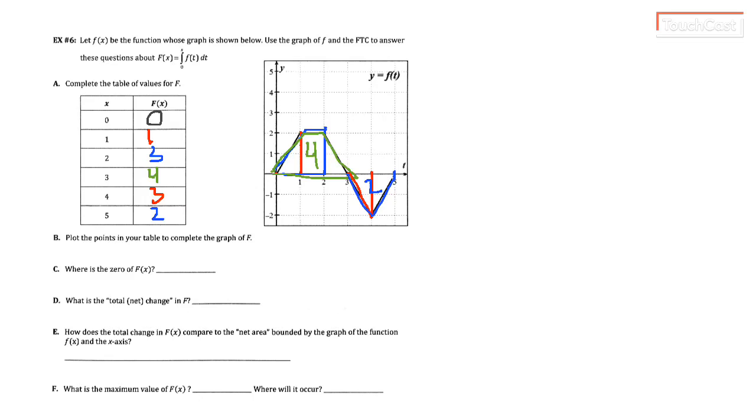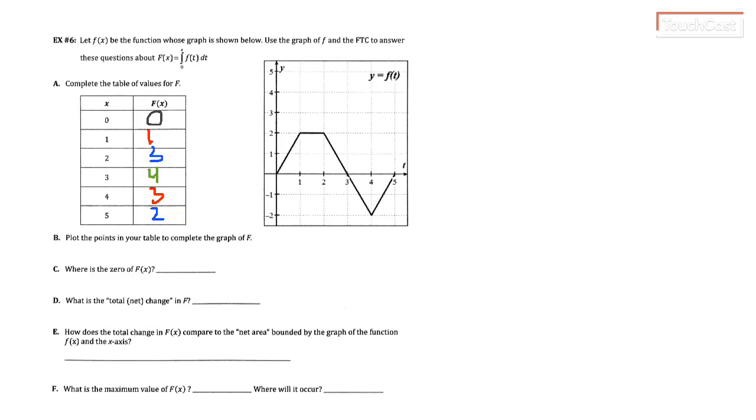So we can then plot the points in our table to complete the graph of F. First, I'm going to erase the colors I made on the graph, and then I'm going to do all of this in a red pen.